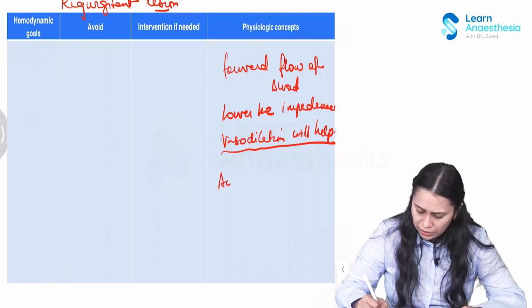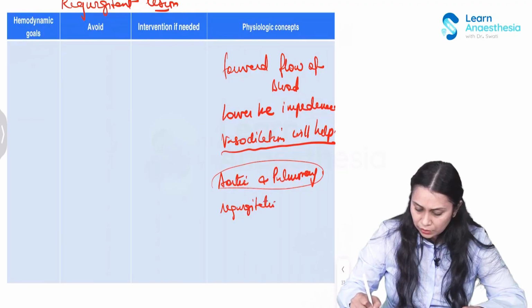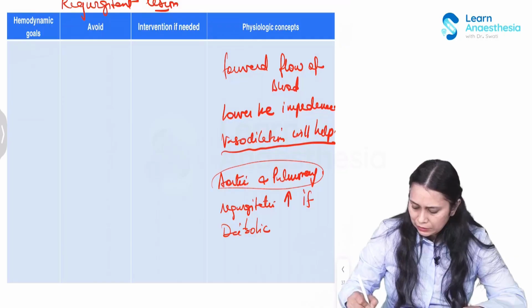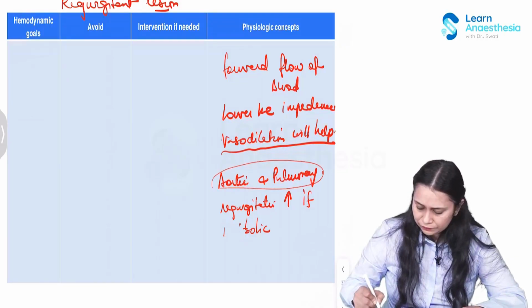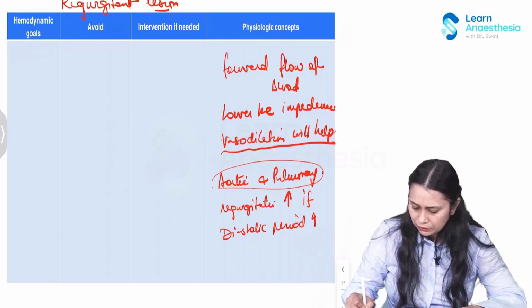So aortic and pulmonary regurgitation increases if the diastolic period increases.